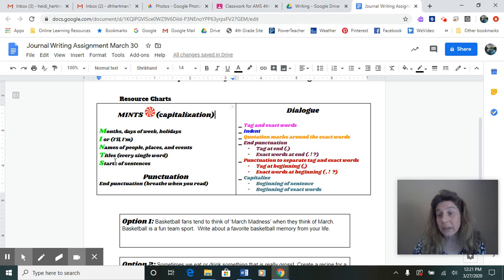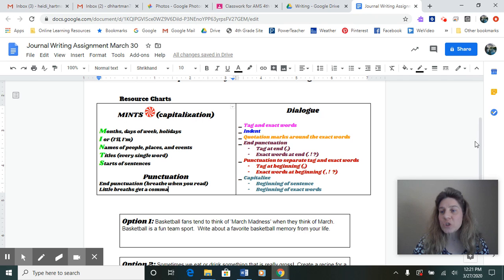And looking through this, you should be very familiar with this. I should be looking at punctuation, punctuation to breathe when I read, and for little breaths, I use a comma. And then my familiar dialogue also when I am writing.